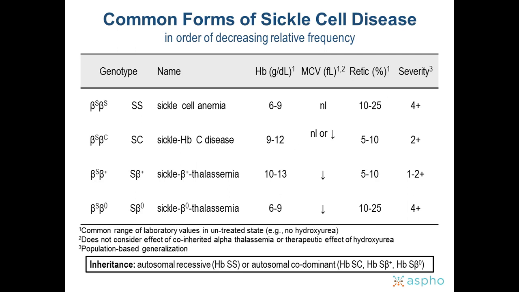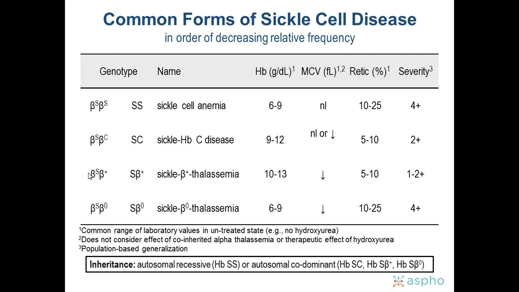Okay, sickle cell disease is not one disease, but a collection of diseases that have in common sickle hemoglobin. The four most common types are shown here in order of decreasing frequency: sickle cell anemia, SC, beta S, and sickle beta 0 thalassemia. These are the two most severe forms of the disease in general: more severe anemia, more reticulocytosis, and a higher frequency of clinical complications.